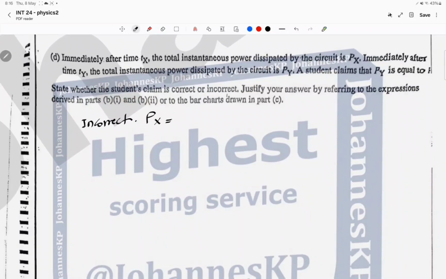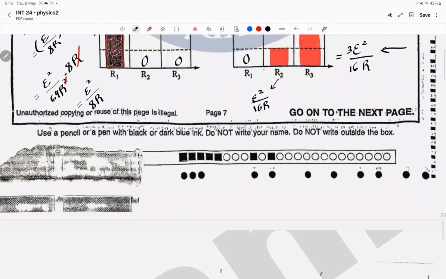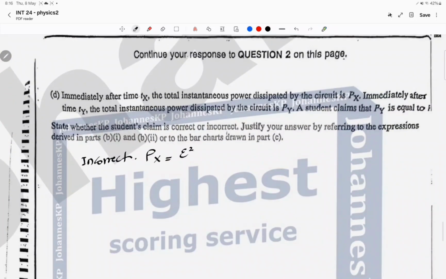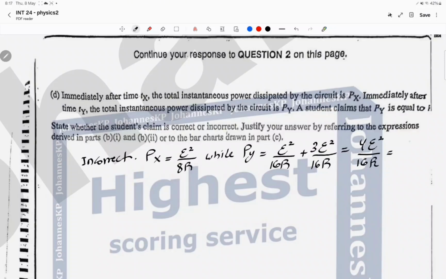Px is equal to EMF squared over 8R, while Py, go back and add them, EMF squared over 16R plus 3 EMF squared over 16R, which means 4 EMF squared over 16R, which is EMF squared over 4R. So Py is bigger than Px. Good.